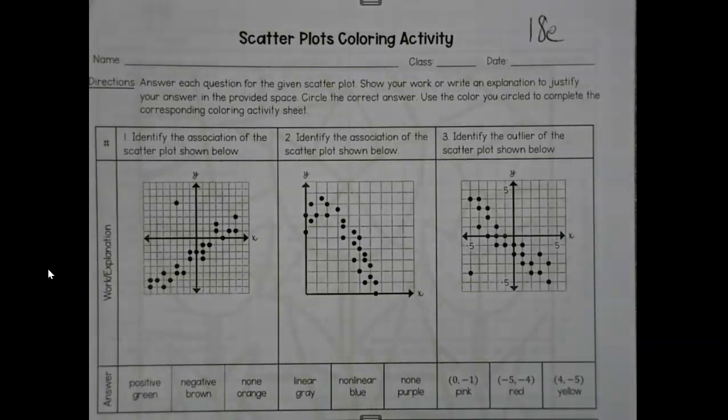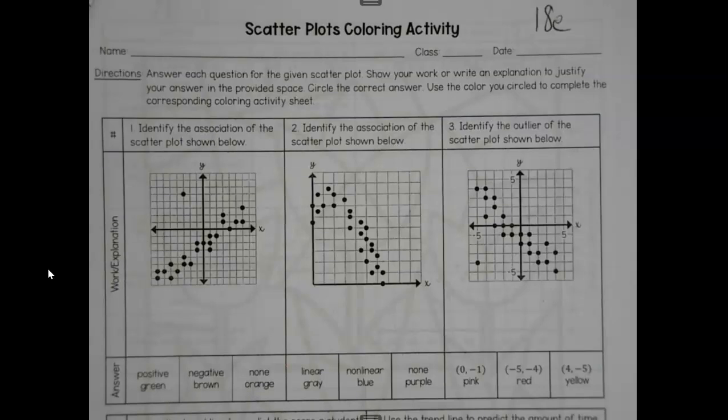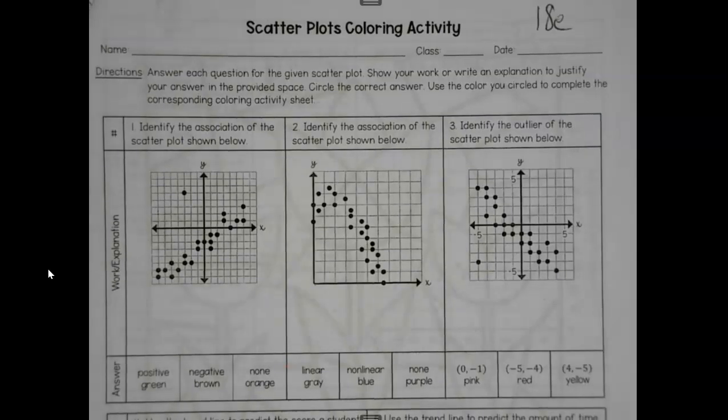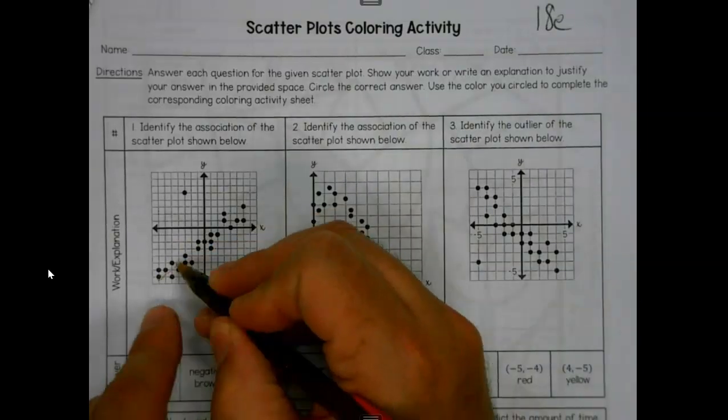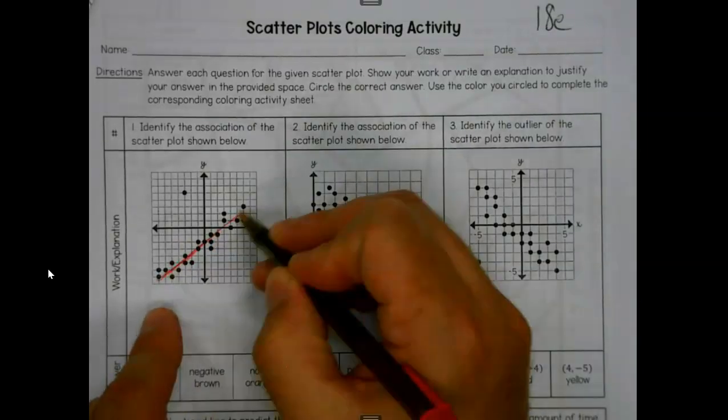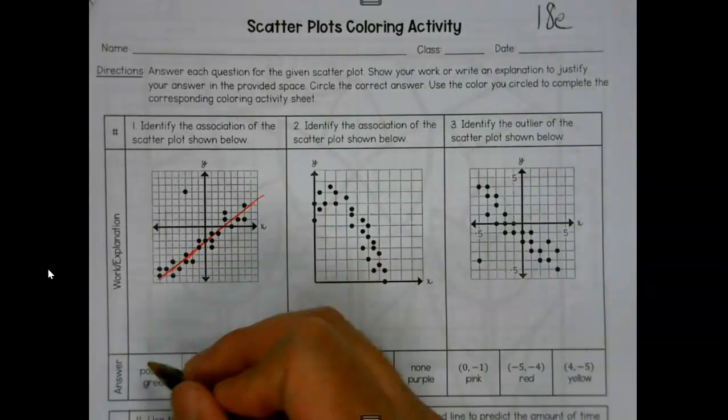That's why I said you might need up to 7, but you may have to do coloring a little bit differently depending on how you go. But for instance here, even if you just do them and circle the answers and don't do the coloring, I'm cool. So for instance here, I see my dots. My dots are kind of going up this way, which looks like it would be positive.